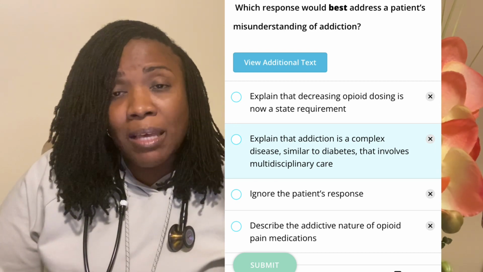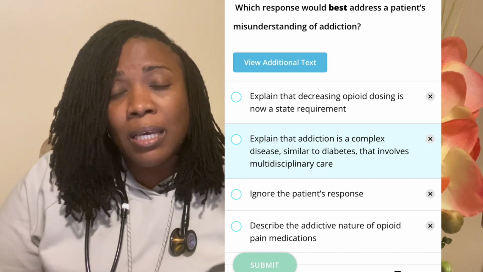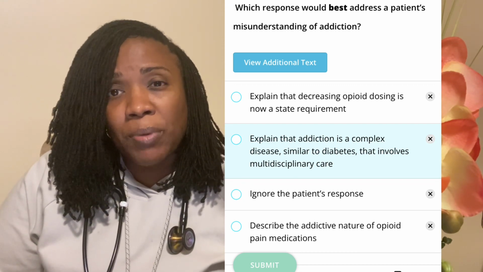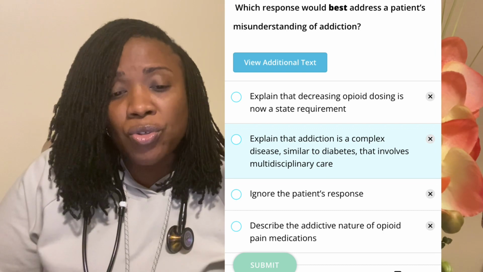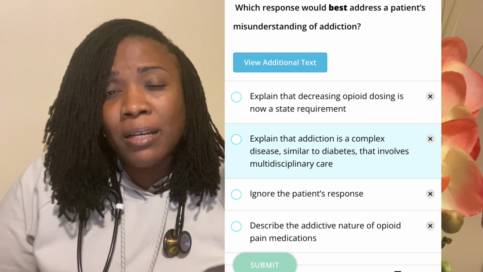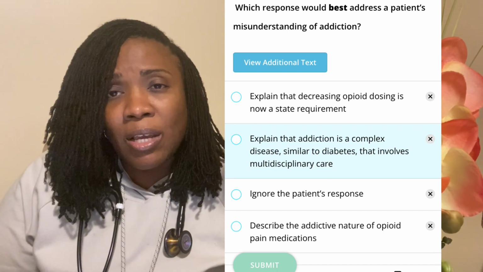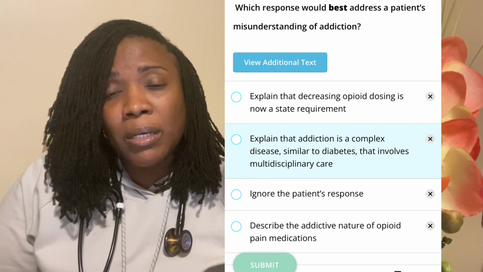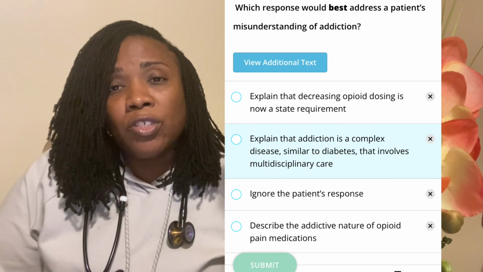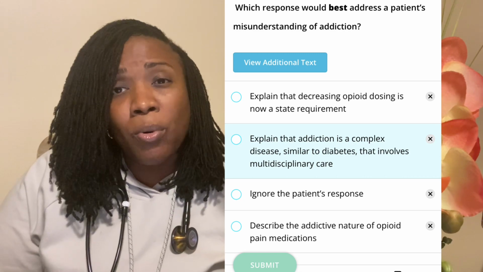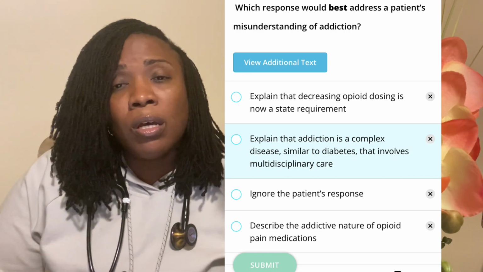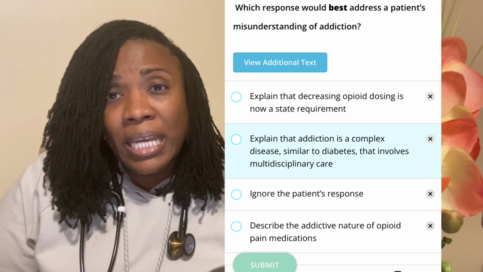You wean them off the medication by reducing the dosage over a certain period of time. So it is important that you explain to the patient that the dose they're on right now may change later in the treatment plan, because we do reduce the dose of the medications during the weaning process.